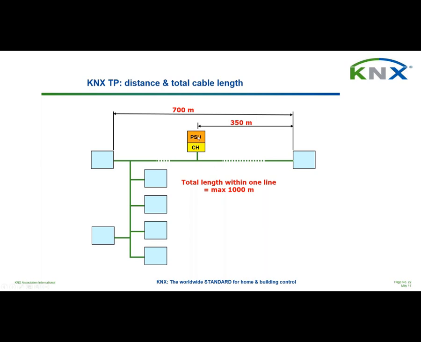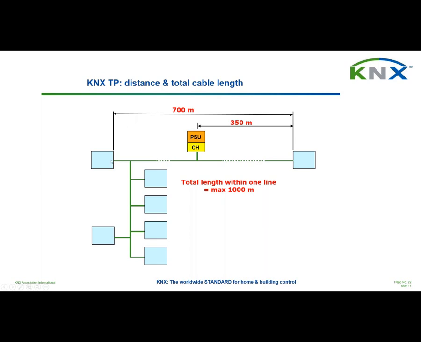In the middle here we see the power supply of that line, and between the power supply and the last end device, the distance shall not be more than 350 meters.